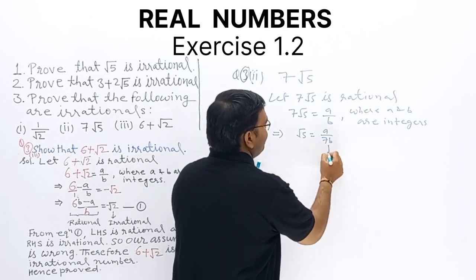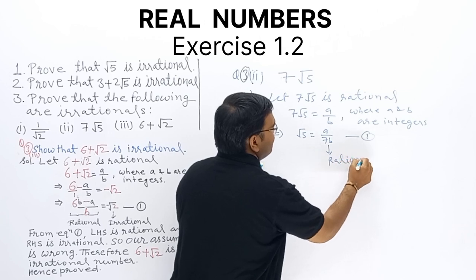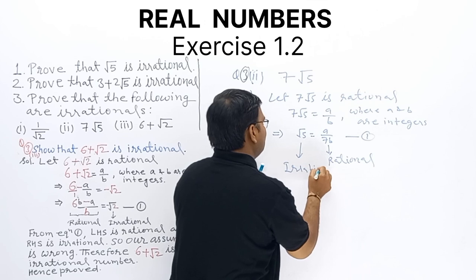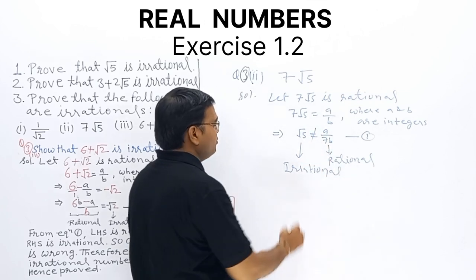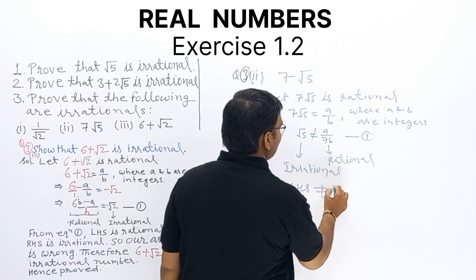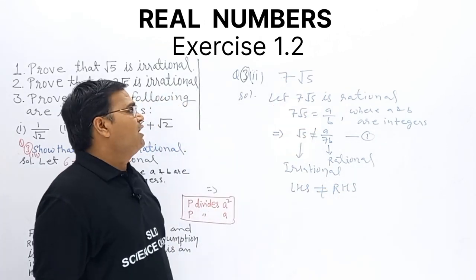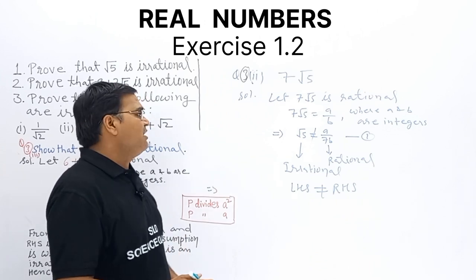This ratio is equation 1, this is rational, and this one is irrational. So this equation cannot be equal, so left hand side is not equal to right hand side. So our assumption is wrong. So 7 root 5 is not rational, it is irrational.